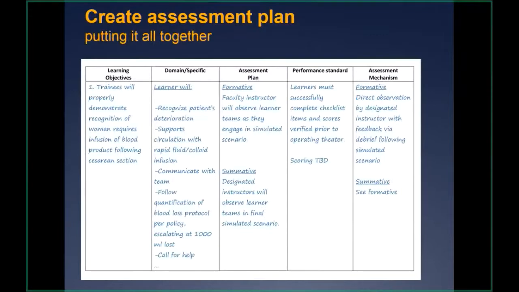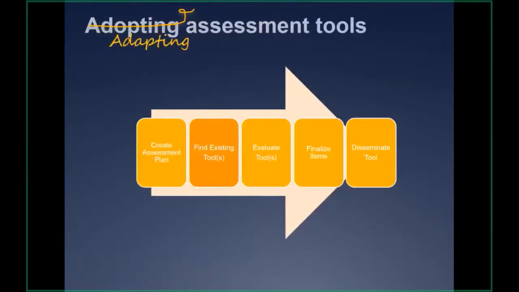Keeping these in mind, then we go out and move forward. So what I would suggest is have a document something like this. Most often they're a little more complicated than this, more than one learning objective typically. But write it down. Have it in your back pocket, and this is where your search for assessment tools begins.